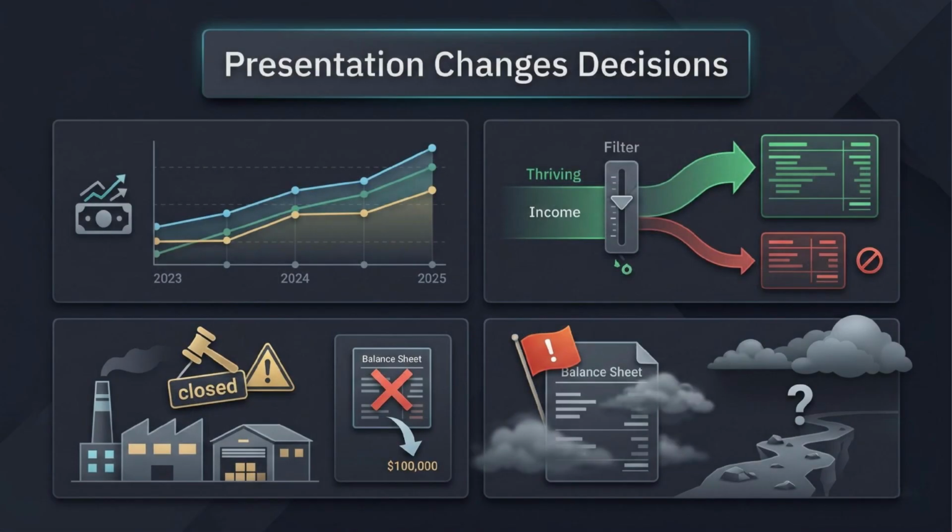Presentation changes decisions because users do not read numbers in isolation. Comparative presentation helps users see whether performance is improving, declining, or stable. Discontinued operations prevent one-time exit activity from distorting continuing performance. Liquidation basis tells users that the company is no longer being viewed like a normal ongoing business.